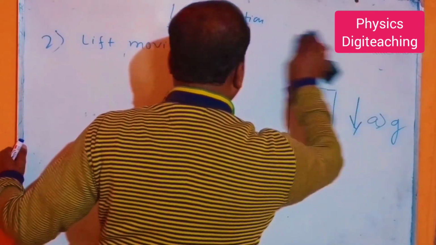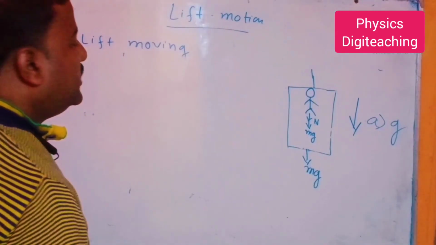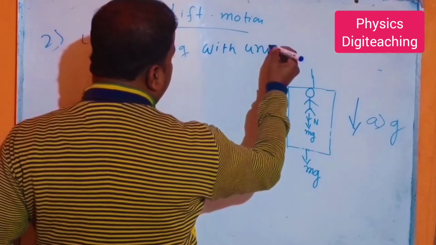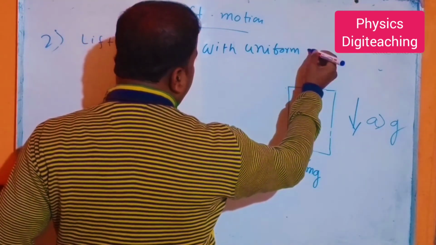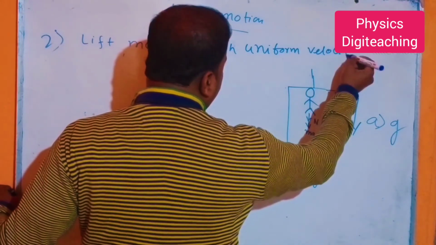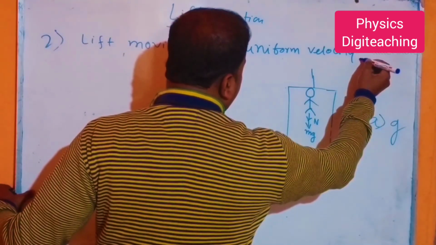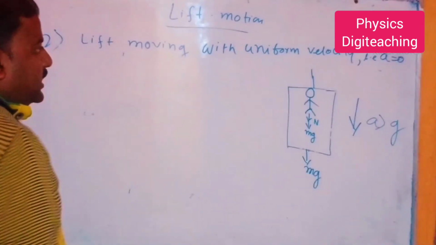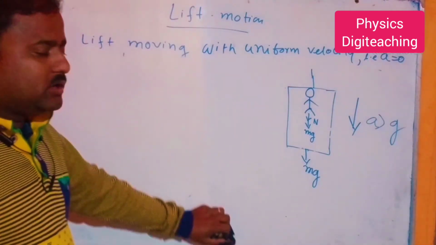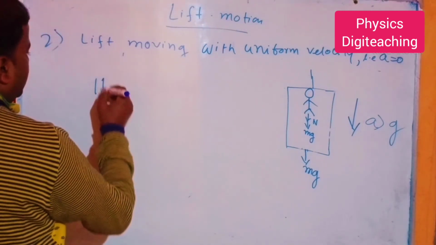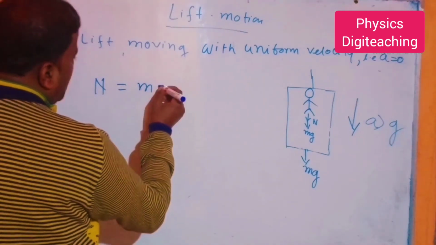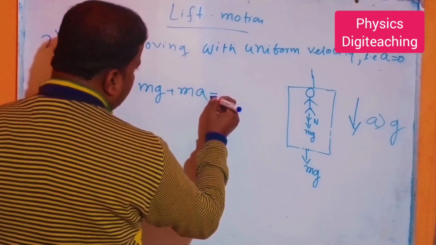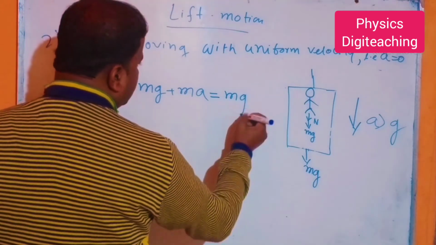If the lift moves with uniform velocity, that is acceleration equal to 0, it may be downward motion or upward motion. For upward motion N equals mg plus ma. If a equals 0, then we get mg.